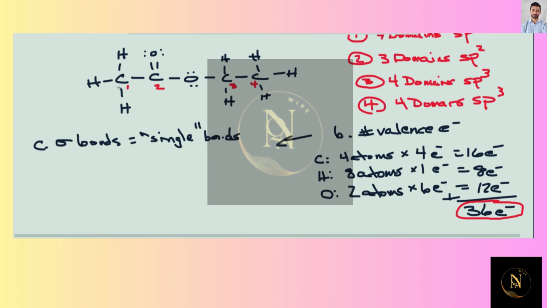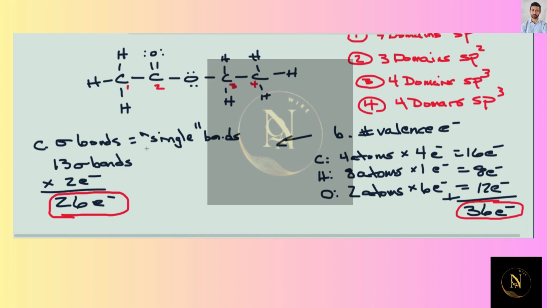So we have 1, 2, 3, 4, 5, 6, 7, 8, 9, 10, 11, 12, 13 sigma bonds. Each has 2 electrons. So there are 26 electrons that deal with sigma bonds.